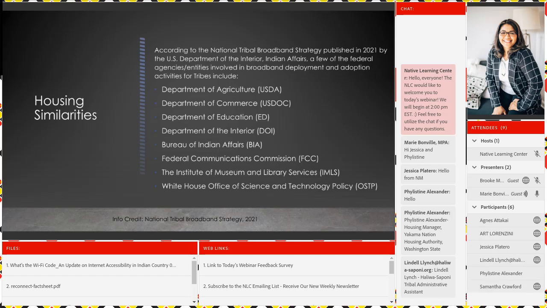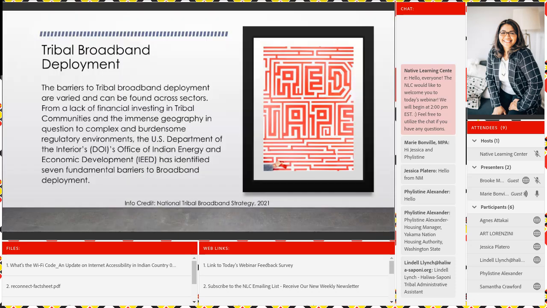White House Office on Science and Technology Policy, and many, many, many others. The report that came out from the Department of Interior's Office of Indian Energy and Economic Development is that there are 7 fundamental barriers to broadband deployment. And of course, I really like the fact that we're all just calling it what it is, which is red tape.